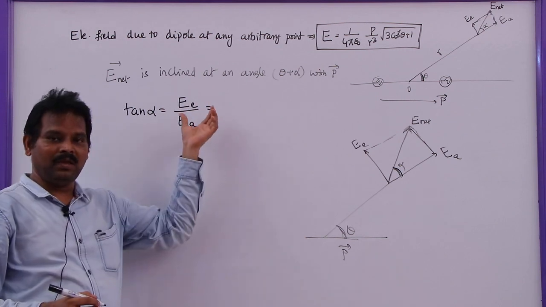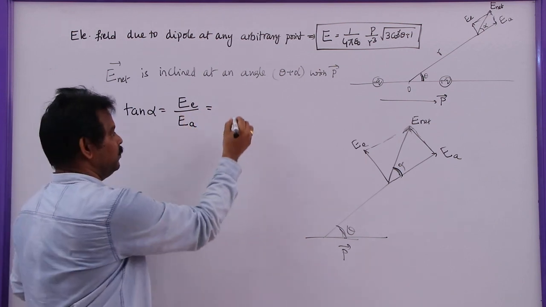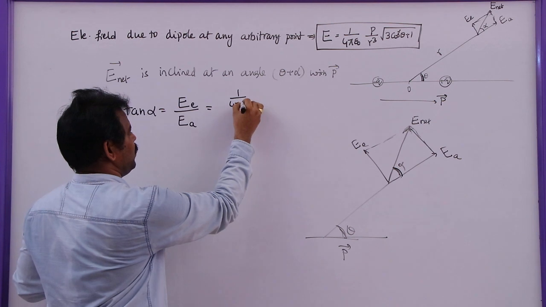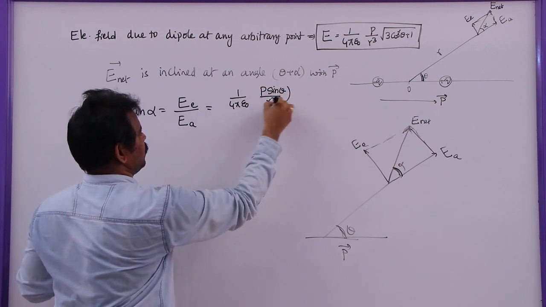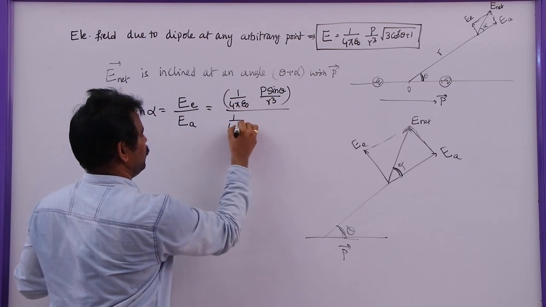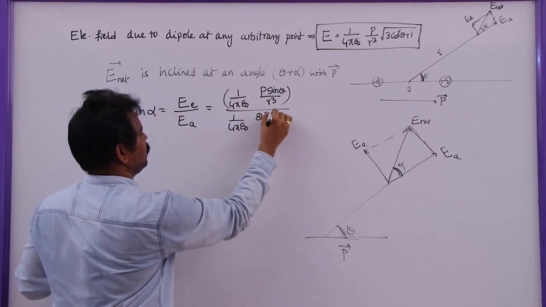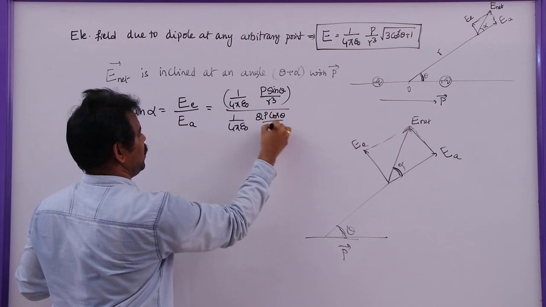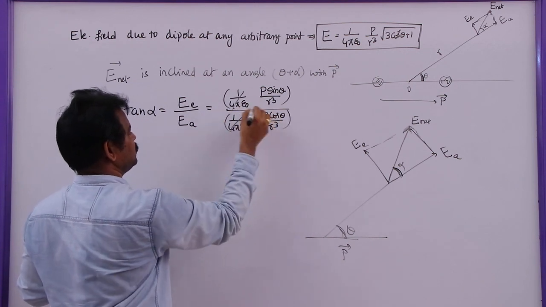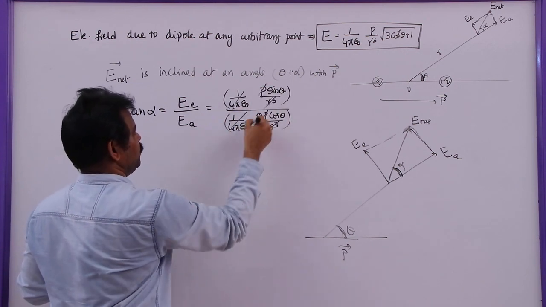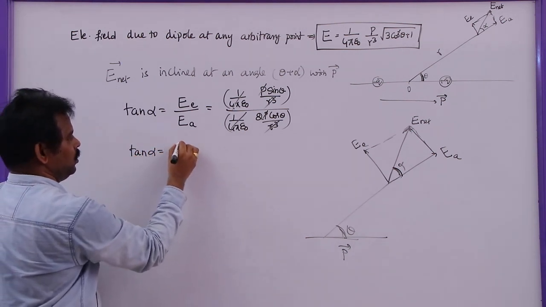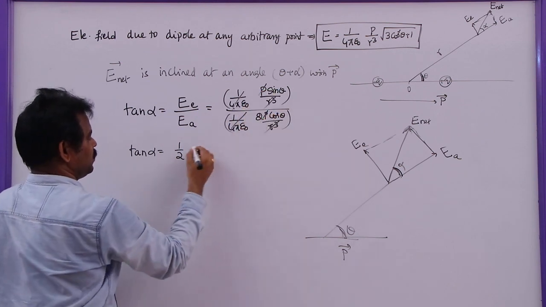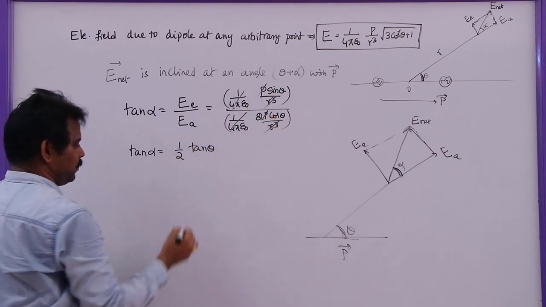We know the magnitude of E equatorial and the magnitude of E axial. Let me substitute here. This will become 1 by 4 pi epsilon naught p sin theta by r cube, by 1 by 4 pi epsilon naught 2p cos theta by r cube. Now you can cancel this r cube, p and p get canceled. So here tan alpha is equal to half of sin by cos, which is tan theta.